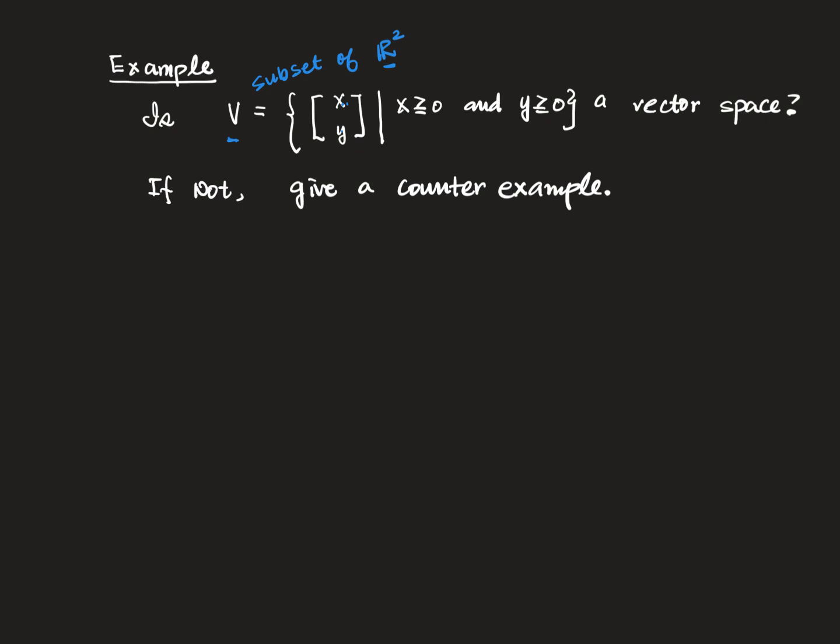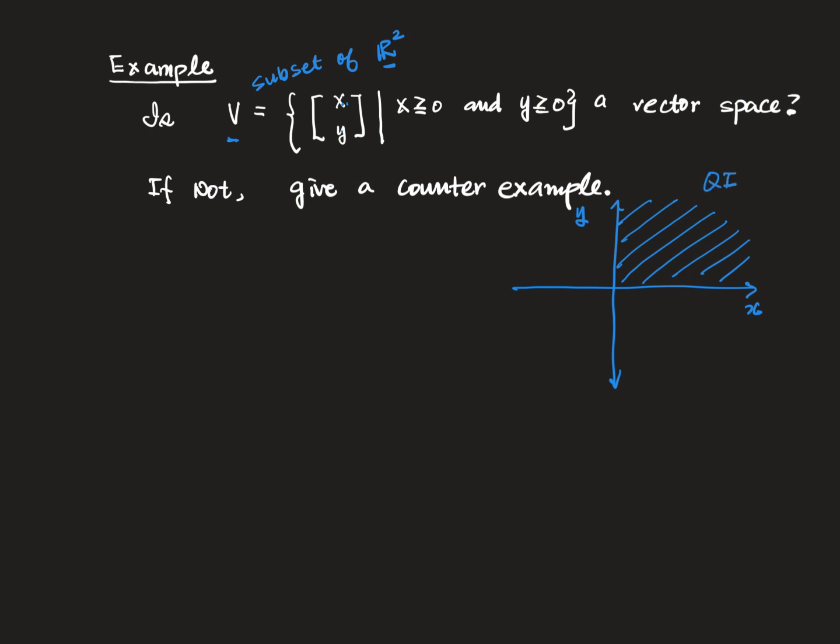R2 represents the rectangular coordinate plane. Everyone understands that, right? This is x, this is y. Which region does V represent, guys? x is greater than or equal to 0, y is greater than or equal to 0. That's our first quadrant. So this one is quadrant 1, okay? So is this a vector space?